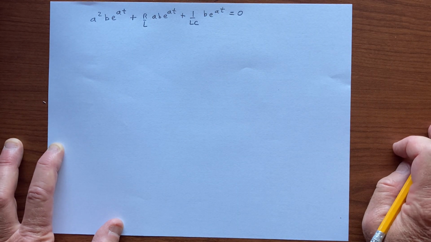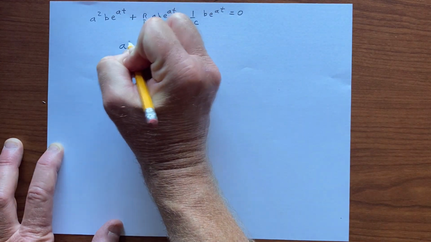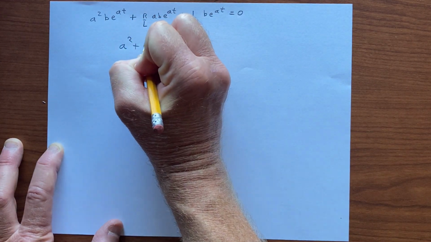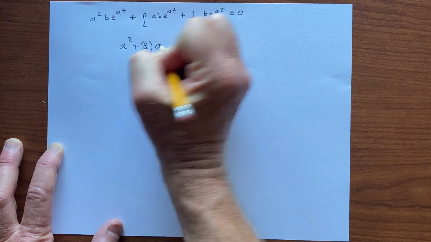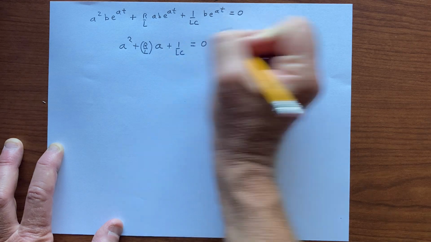And so once we cancel out the common b e to the at, we just get a squared plus r over l a plus 1 over lc, that's equal to 0.